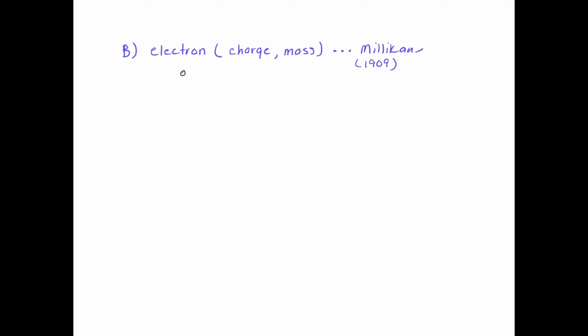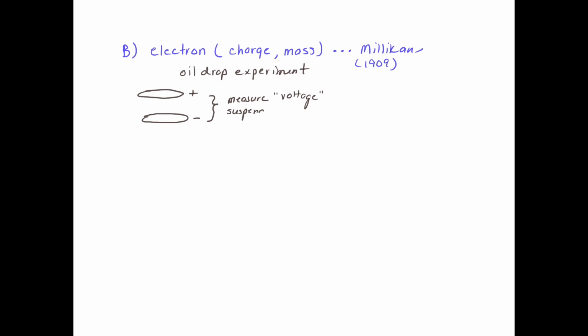So in 1909, centuries ago, literally, Millikan did a famous experiment known as the oil drop experiment, in which he suspended drops of oil that had these electrons in them, and he measured the electrical potential between two terminals, the voltage, that's the same thing, the electrical potential. He measured the voltage required to suspend these oil drops containing these electrons between the two terminals.